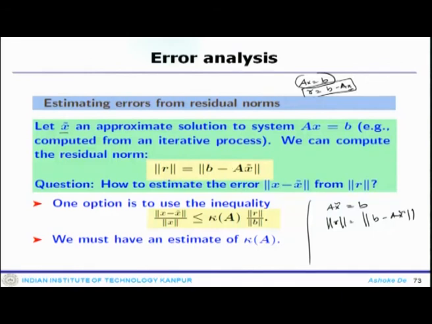So, how to estimate this? From this, one point is to use the inequality that the norm of x minus x prime divided by the norm of x is less than the condition number of A times the norm of R divided by the norm of b. This plays a crucial role, and along with that the condition number also comes into the picture.